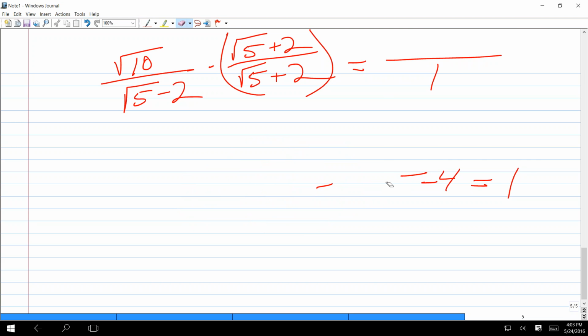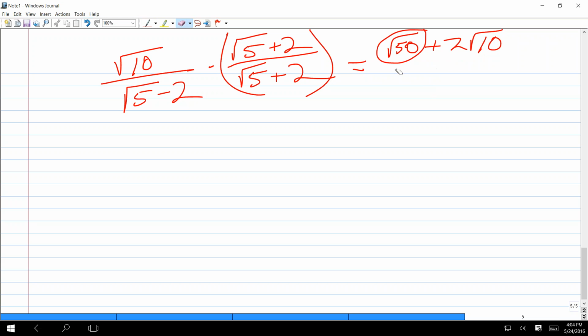Square root of 10 times square root of 5. Okay, that's square root of 50 plus what? 2 times the square root of 10. Okay. Now the square root of 50 can be simplified.